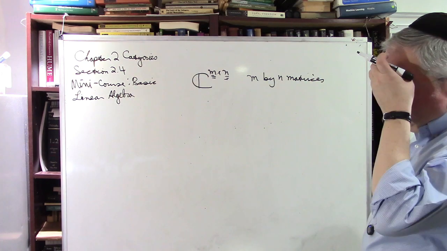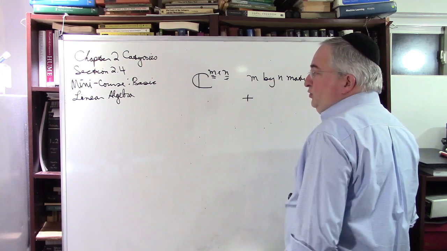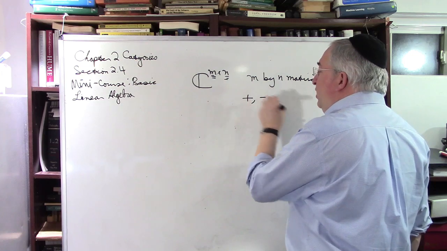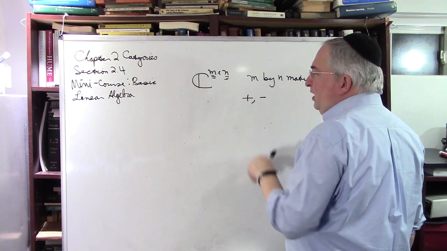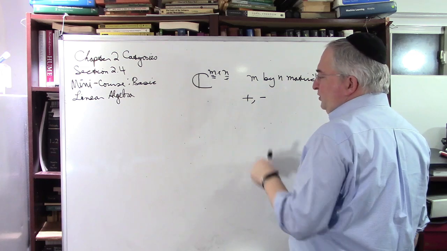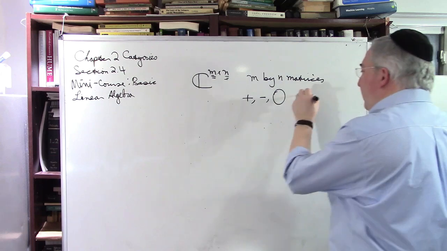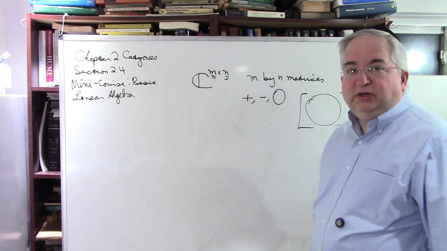Okay, let's just talk about the operations. Well, you can add two matrices of the same size. You can put a minus in front of every element of the matrix and you get another M by N matrix. The 0 is an M by N matrix with only zeros in it.